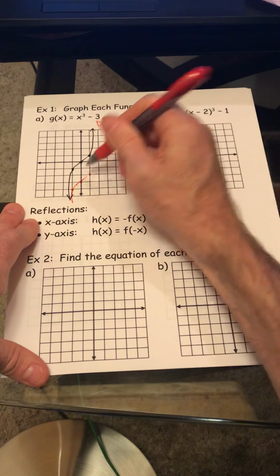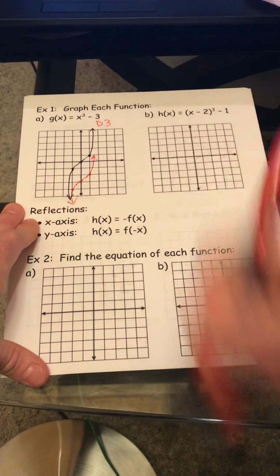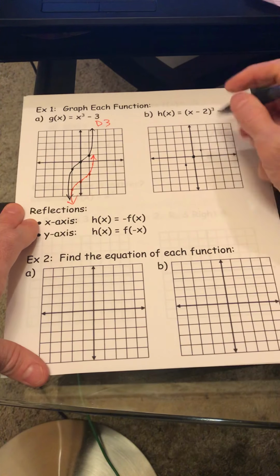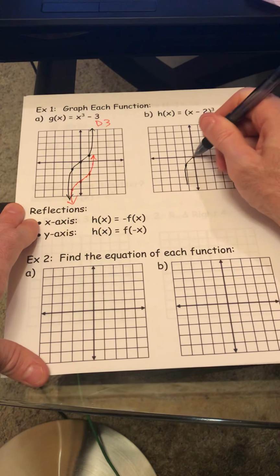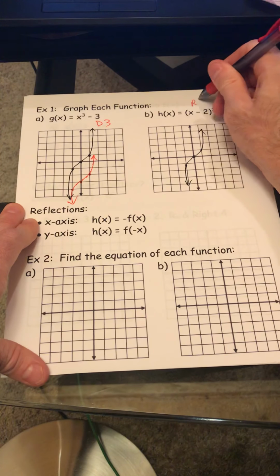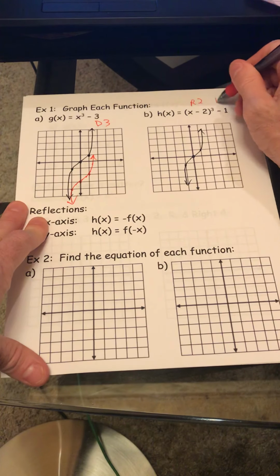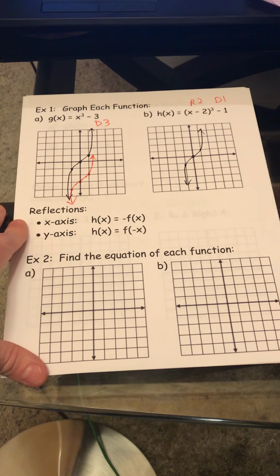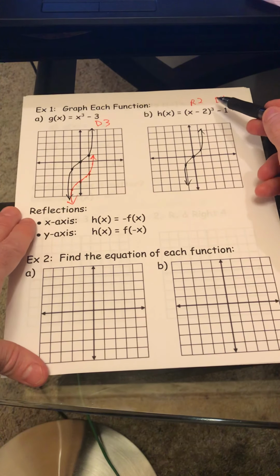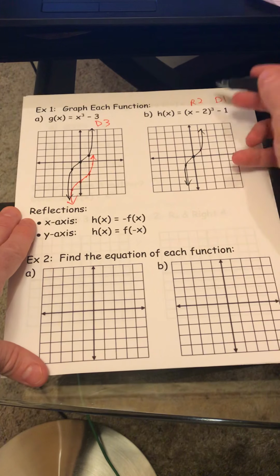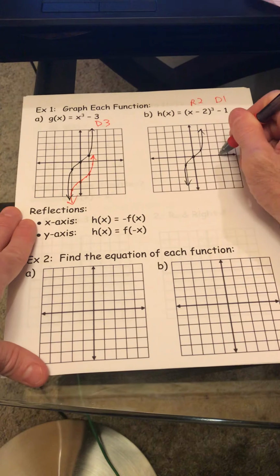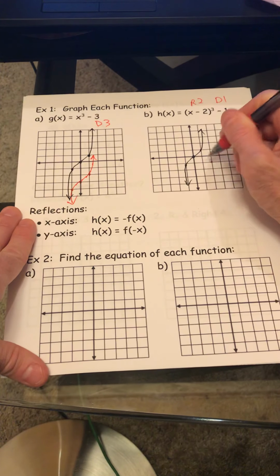For this one, again, I will quickly sketch my parent function. And again, the minus 2 is going to shift it right 2. The minus 1 outside is going to shift it down 1. And so from there, let me use the red. Here I'm just going to write right 2, down 1, right 2, down 1.